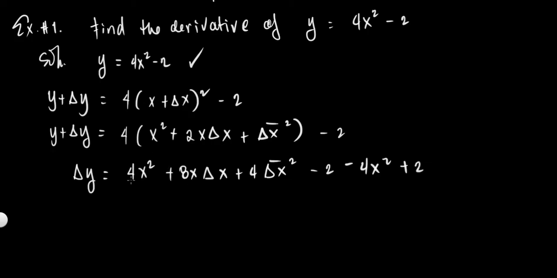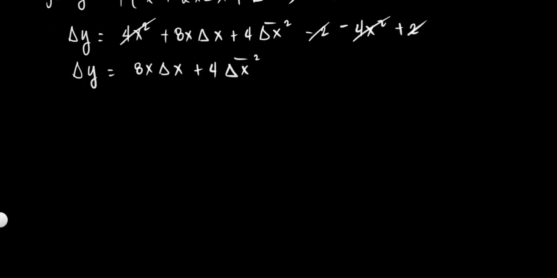Okay, then 4x squared minus 4x squared, and negative 2 plus 2. So we have delta y equals 8x delta x plus 4 times delta x squared. Then we divide everything by delta x. And delta y over delta x is equal to 8x plus 4 times delta x.